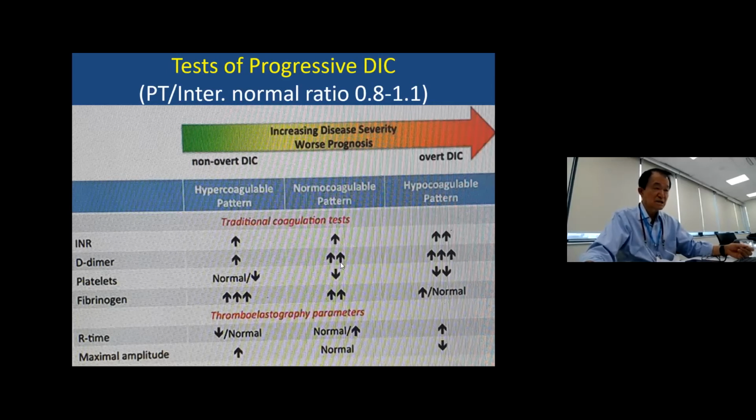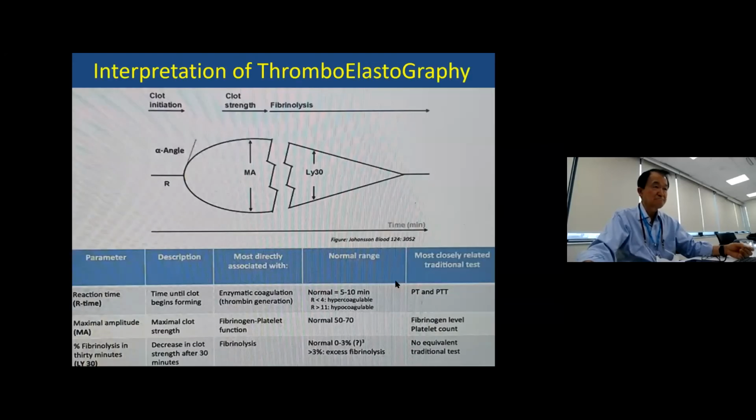So looking at this one, you can separate normal versus very hypocoagulable, clotting, bleeding. So this is the chart for that thromboelastography and the reaction time. They describe the reaction time, and normally 5 to 10 minutes is the normal range.